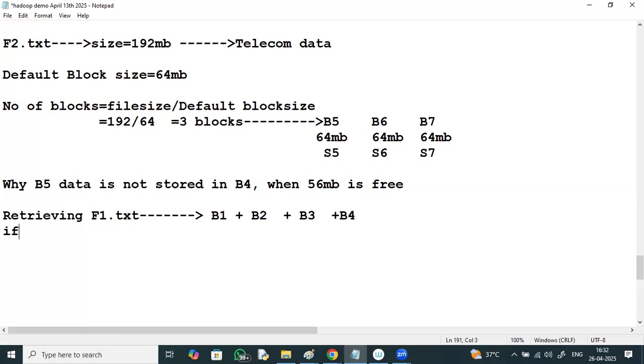For example, assume B5 data is stored in B4. What do you get? B1 64 MB, B2 also 64 MB, B3 also 64, B4 also 8 plus 56.